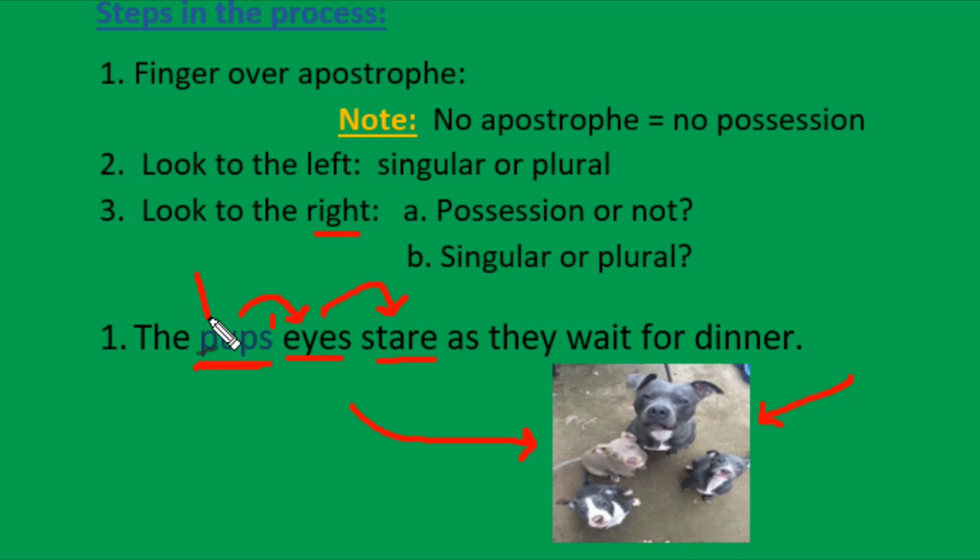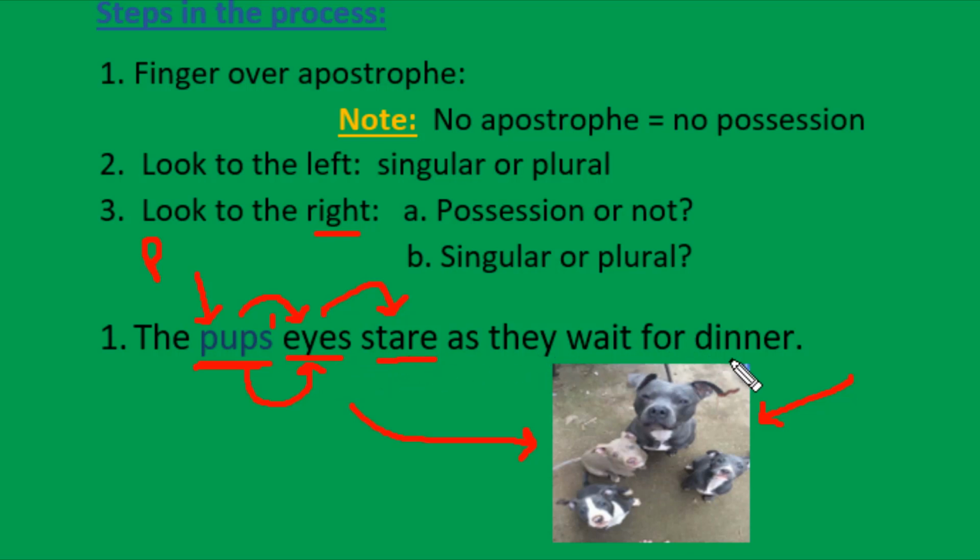Here, now we have plural pups own or possess multiple eyes. That makes sense. Let's count them. 1, 2, 3, 4, 5, 6, 7, 8. Plural pups own their own eyes, and those eyes stare as they wait for dinner.